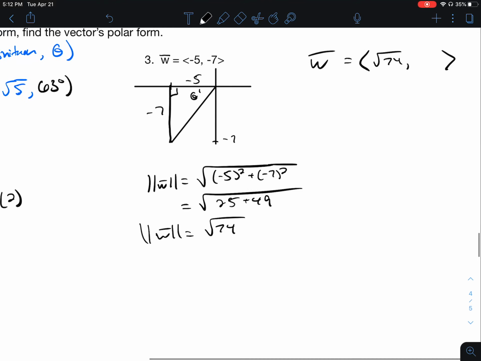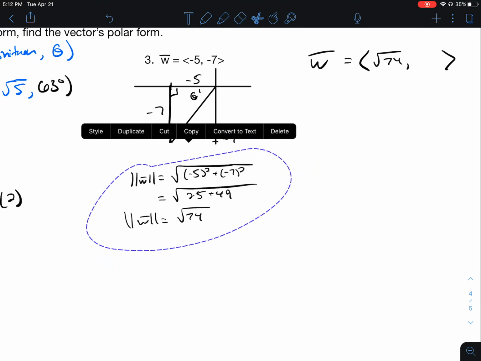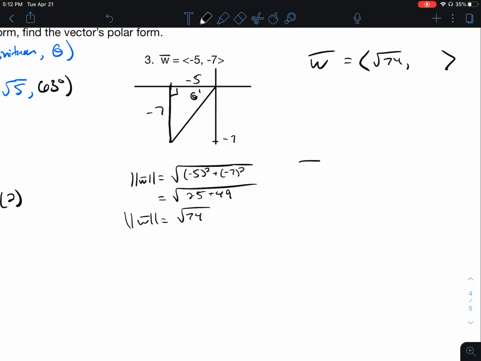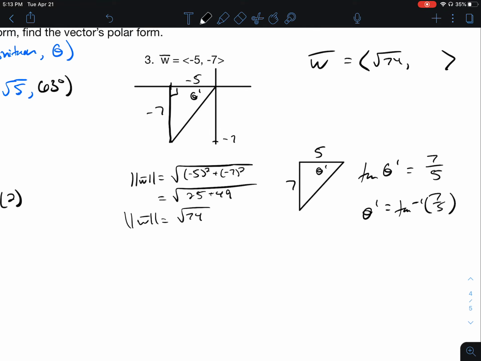we're going to use this triangle. We're going to ignore the signs for now. So we got 5 and 7. Tangent of theta prime is y over x. Theta prime is tangent inverse of 7/5.